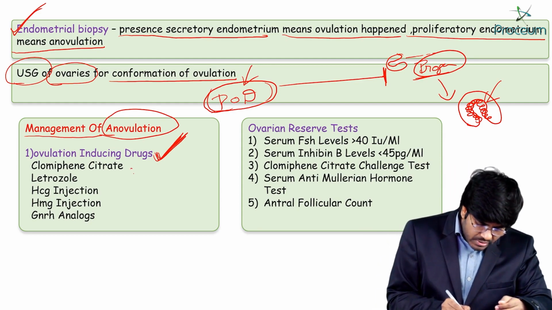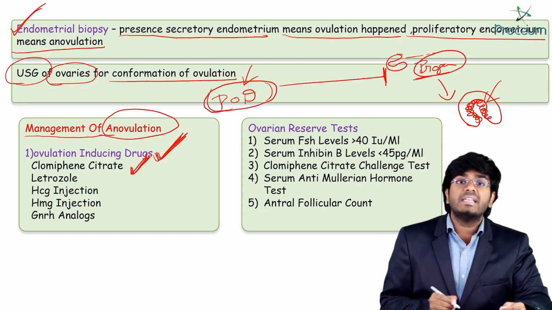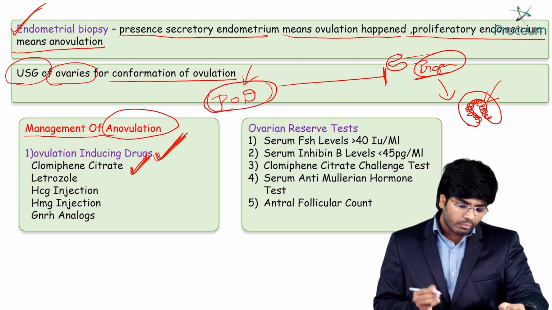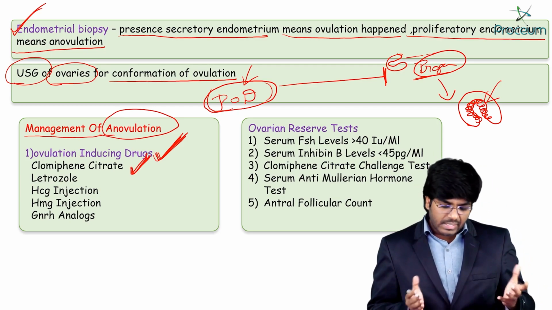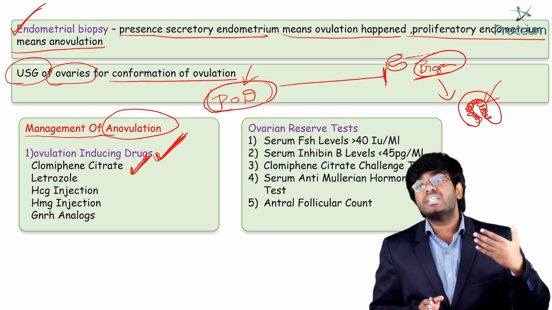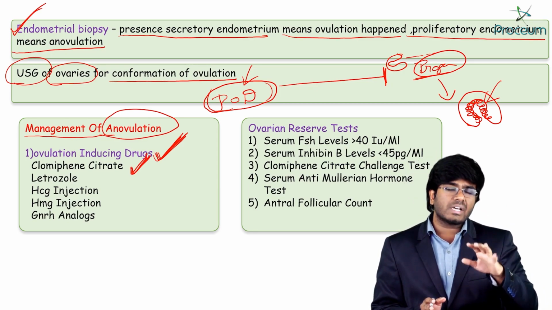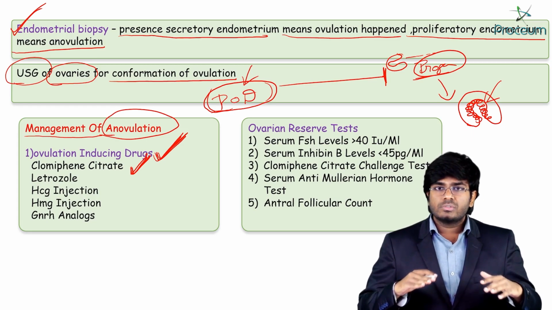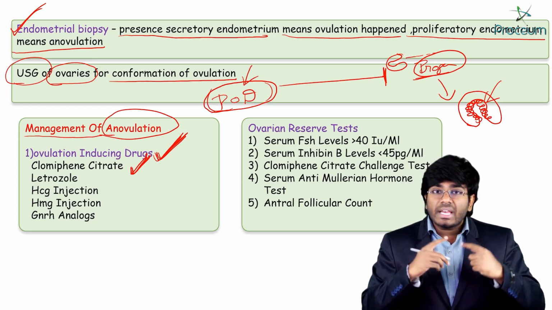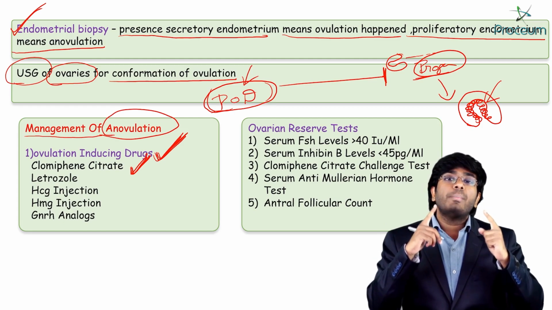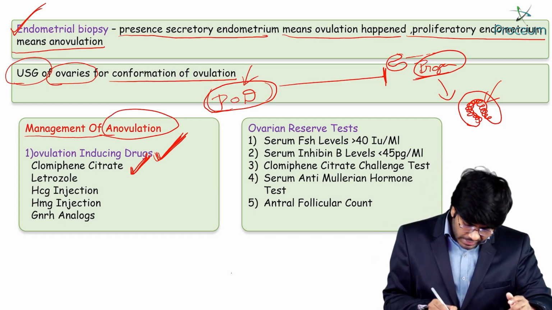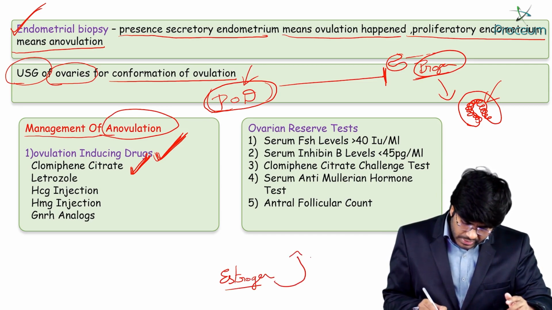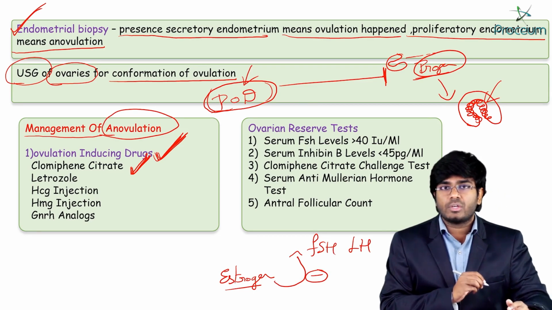The most famous ovulation inducing agent is clomiphene citrate. We all know how clomiphene citrate works. Simply remember, clomiphene citrate is an anti-estrogen, a partial anti-estrogen, so the estrogenic negative feedback on the pituitary is lost. Usually, estrogens give negative feedback on FSH and LH acting on the pituitary.